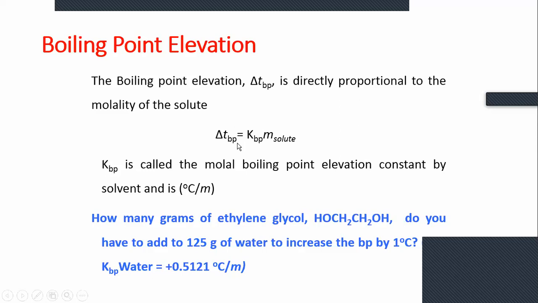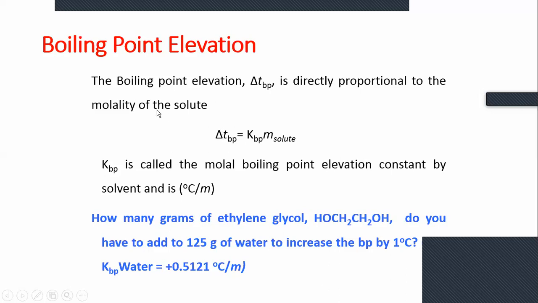Now the equation for this: the change in the boiling point, ΔTb, is equal to the molar boiling point elevation constant, Kb, multiplied by the molality of the solute. This is the constant, the molar boiling point elevation constant, and this is the change in the temperature of the boiling point.